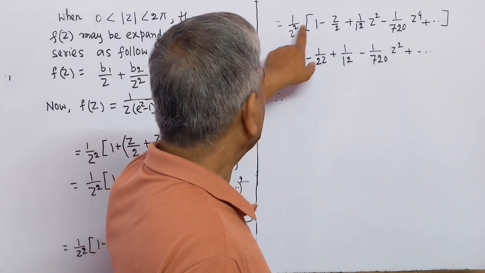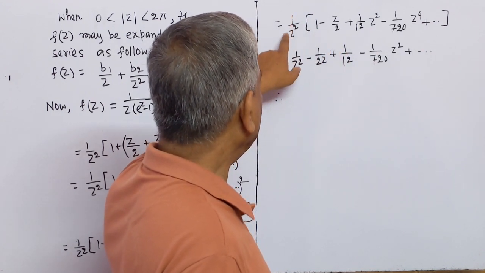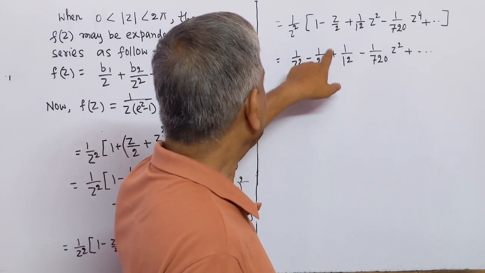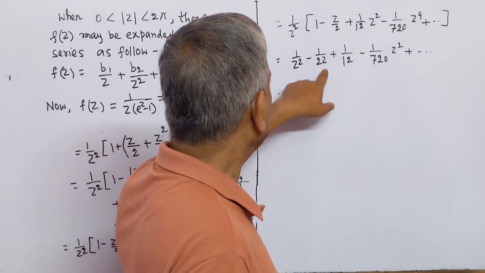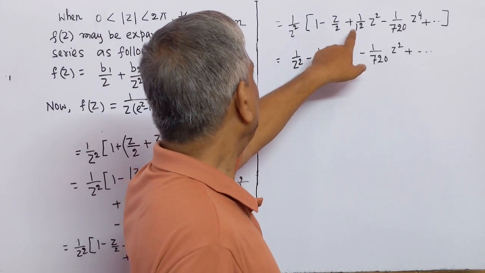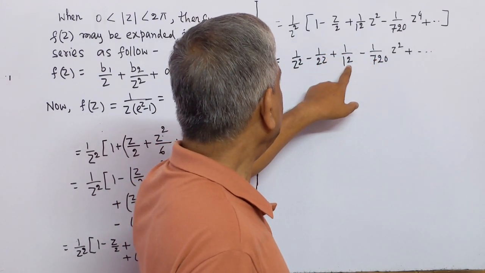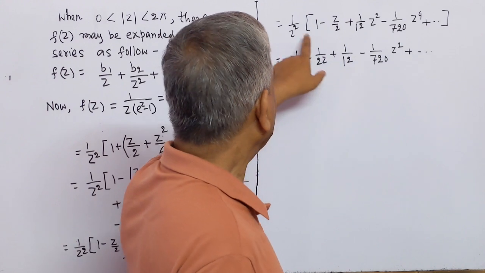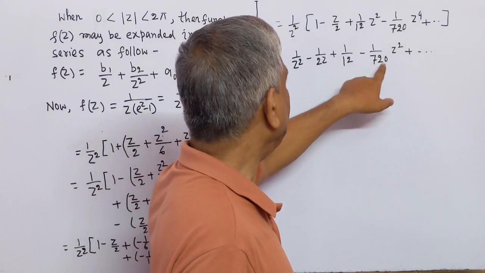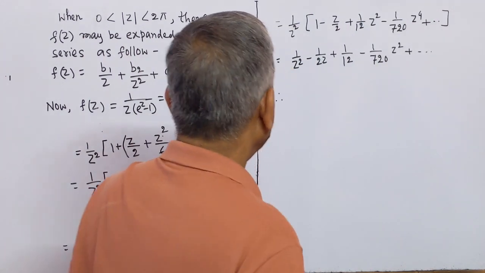We multiply each term of the bracket with 1 by z square. We get 1 by z square minus 1 by 2z plus 1 by 12, and then minus 1 by 720 z square plus dot dot dot.